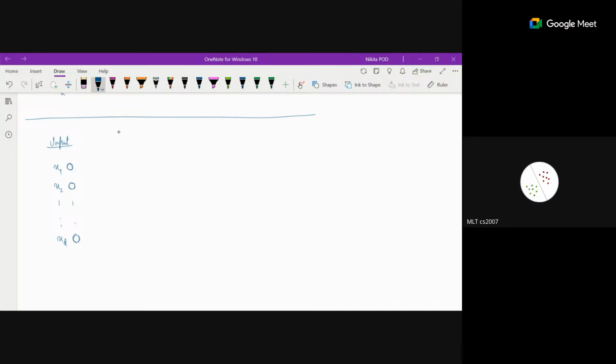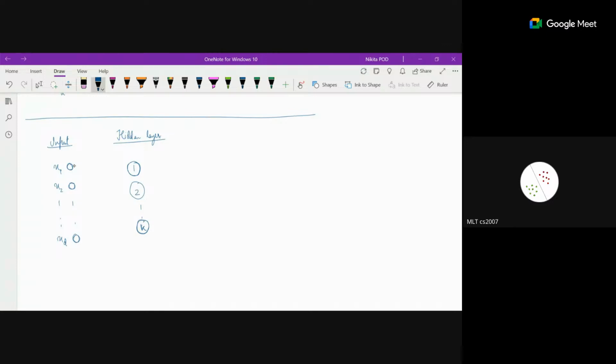You can have many hidden layers, but a very simple neural network that we're going to talk about is with one hidden layer. In the hidden layer, you can have some K neurons.